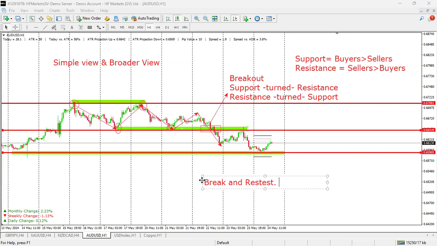Because for trends to be created, previous highs must become the next lows. What that means is this. For trends in the market, either uptrend or downtrend to be created, something like this must happen.